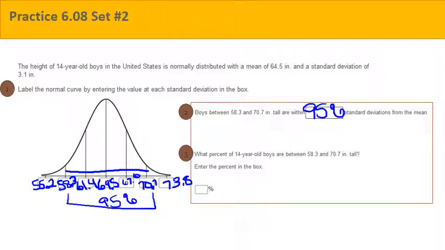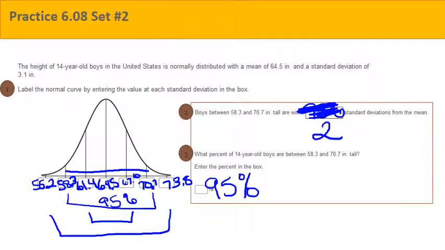Okay, see, this would be 1 standard deviation, then there's 2, and then there's 3. So between 58.3 and 70.7 inches tall is within 2 standard deviations, and it covers 95% of the data.